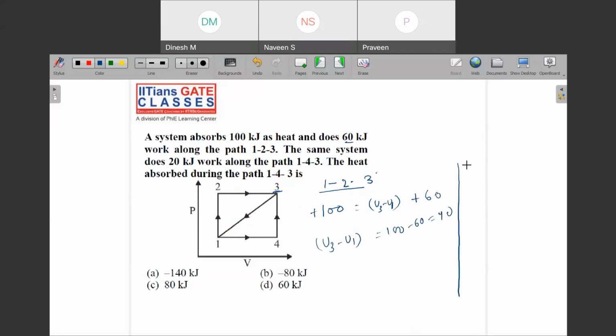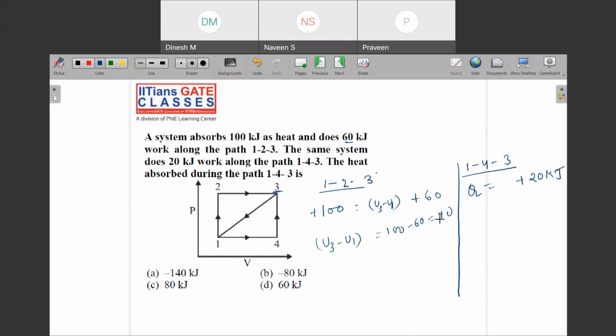Let us go to 1, 4 and 3. For 1, 4 and 3, again I will apply the concepts of the first law of thermodynamics. Q, I don't know what Q is, and the work is the same. The heat absorbed during the path 1, 4, 3 is unknown, and the same system does 20 kilojoule of work. This much I know.